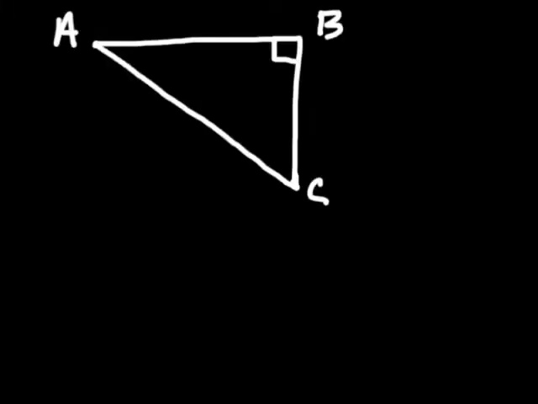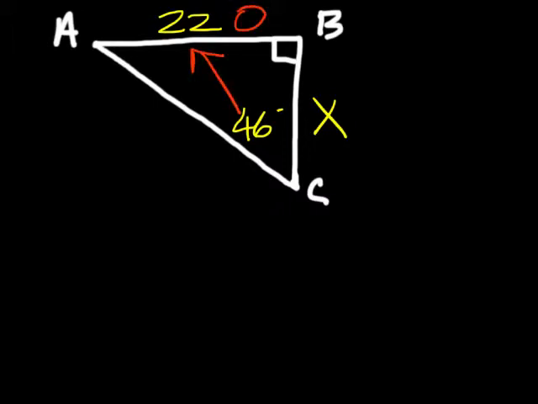Example number 3, still sticking with tangent. In this case, x is here, 22 is here, and we have 46 degrees here. Label the triangle. This side is opposite of the angle, and this side is adjacent.